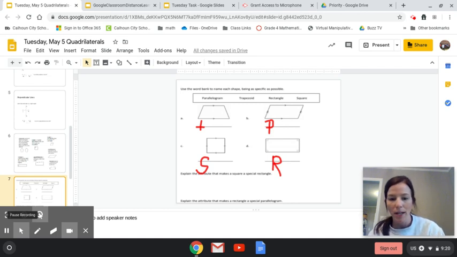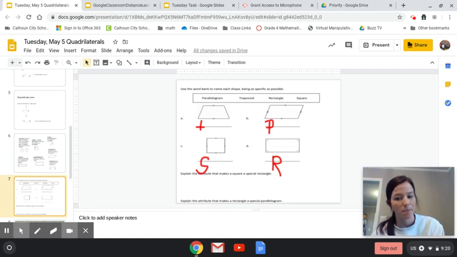Now, last one right here, it says explain the attributes that makes a rectangle a special parallelogram. All right, pause the video, talk with someone near you, and think about it. Are you ready? A rectangle is a special parallelogram because it has 4 right angles.